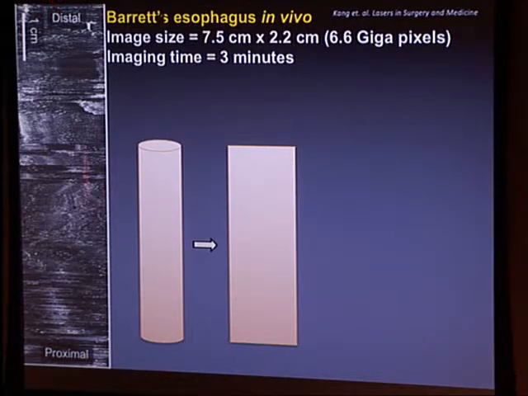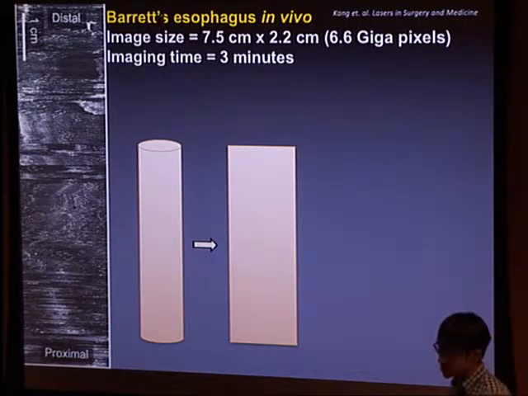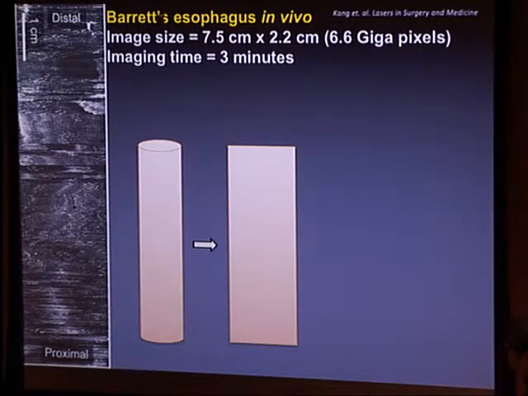The image size that you're looking at is about 7.5 centimeters of the esophagus, and the width is 2.2 centimeters, with 6.6 gigapixels, which is the largest confocal in vivo data ever recorded. The imaging time was just 3 minutes. So within 3 minutes, you can have a comprehensive scan of your distal esophagus at cellular resolution.